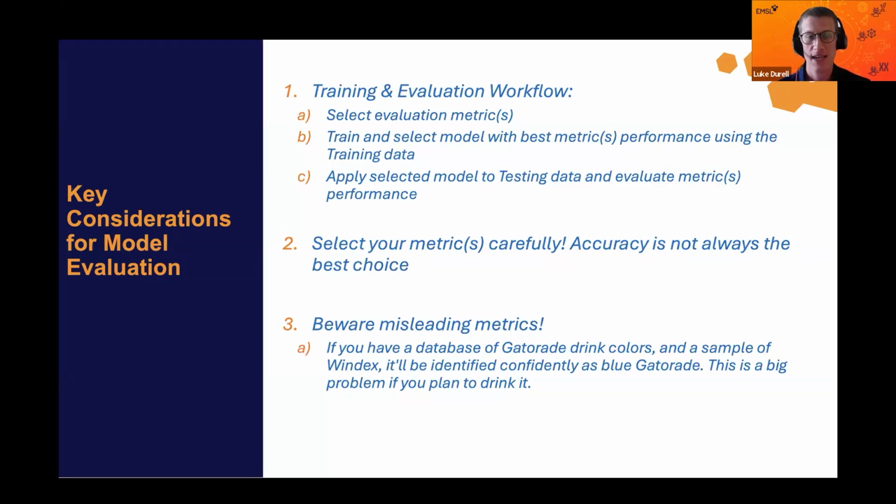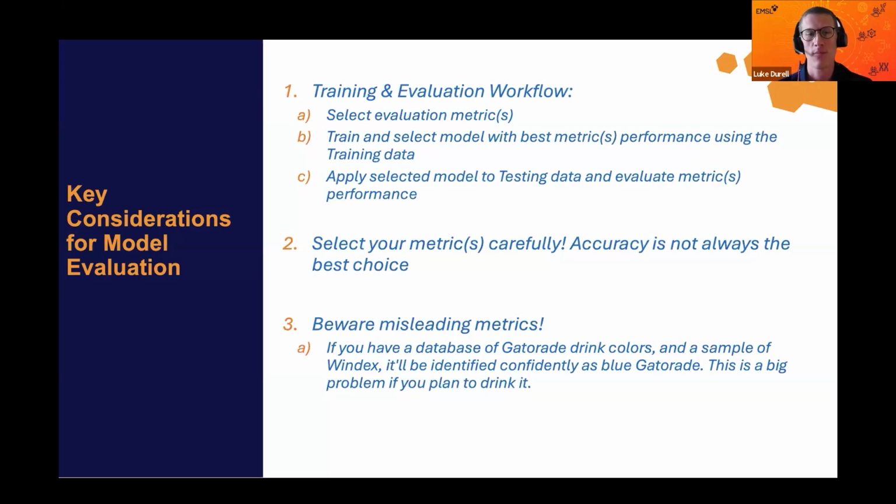And then apply the selected model to your testing data and evaluate the same metrics performance. So select your metrics carefully. Accuracy is not always the best choice. It's typical to select multiple metrics and either look at an average or just look at all of them and make a somewhat qualitative evaluation on the quantitative metrics.